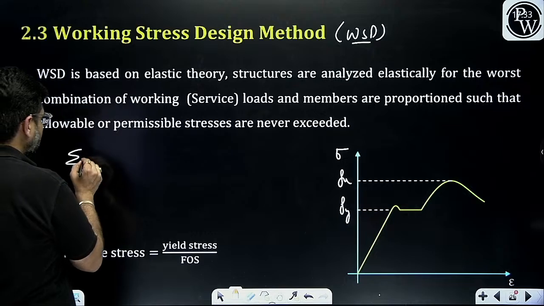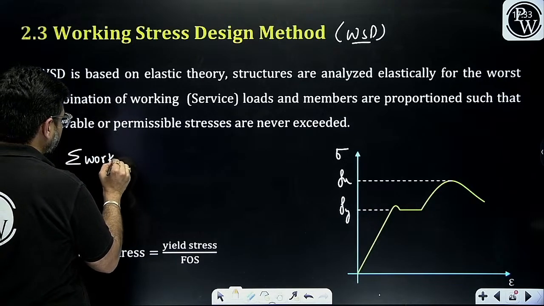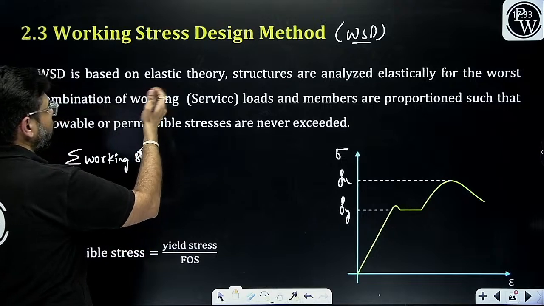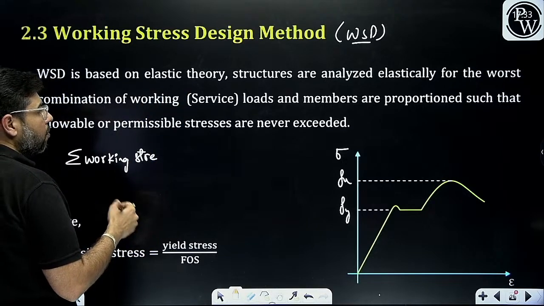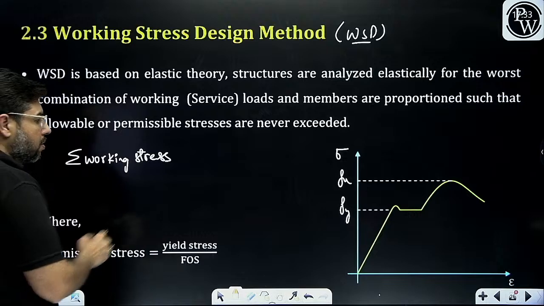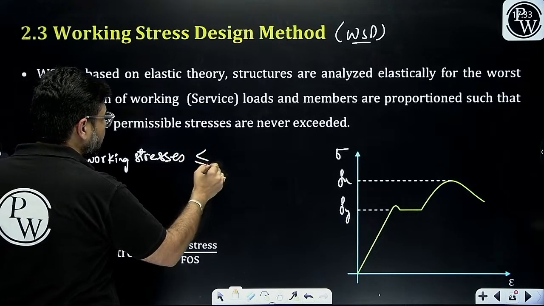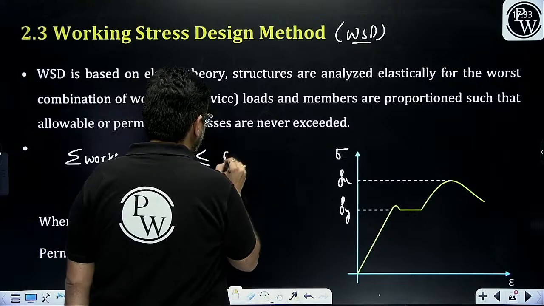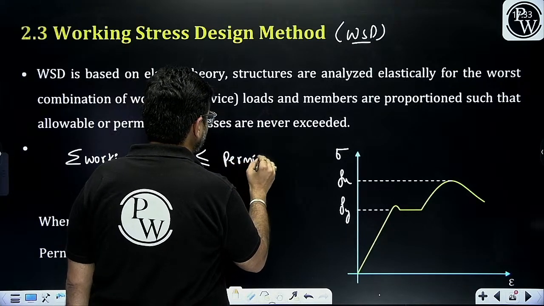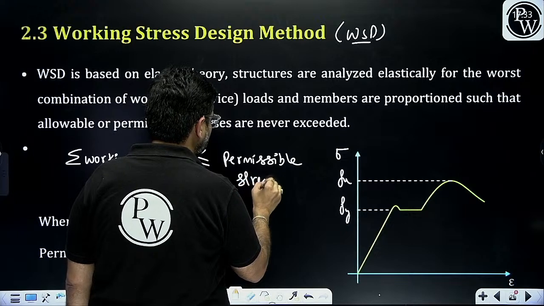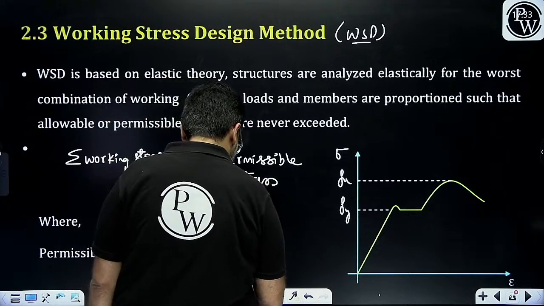That summation of the working stresses due to the worst combination of the working loads should always be less than or equal to the permissible stress. So, the basic design philosophy is this only. It should always be less than the permissible stress.